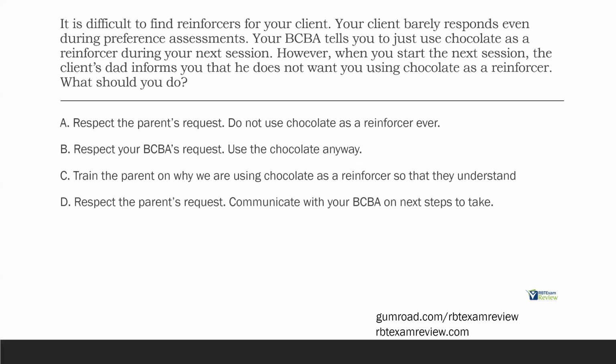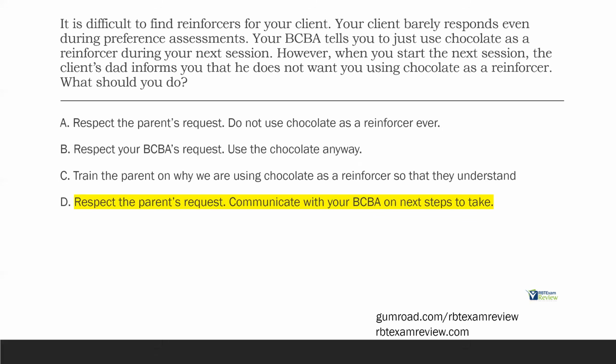Because what the BCBA might do is talk to the parent and explain that we're going to use chocolate and then pair it with other stimuli to create new reinforcers, okay? So there might be other steps to take rather than never using chocolate ever. So A is okay. It's too strong. Our best answer is D. Respect the parent's request. Communicate with your BCBA on what steps we should take next.